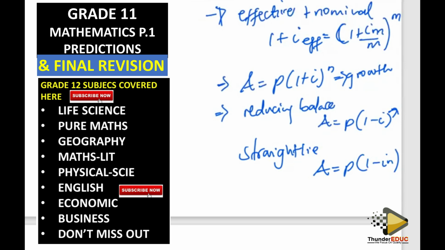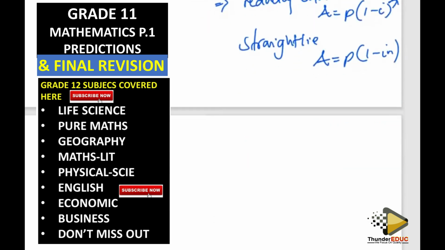Then from there, the other thing that we also need to work with is the timelines. Timelines come into play if we have changing interest rates, or there is some change within the investment or within the loan in terms of withdrawals and probably more deposits taking place.